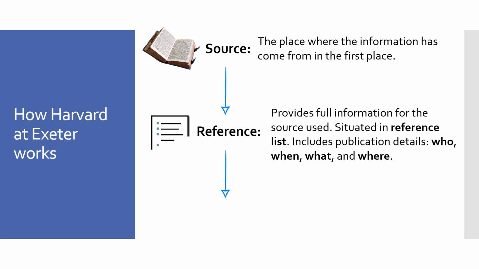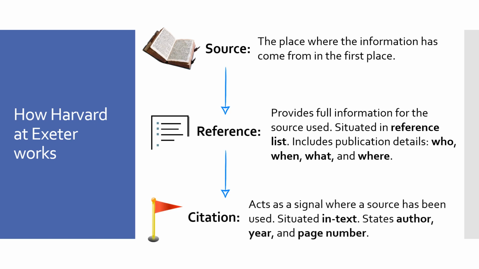This is situated in the reference list and includes publication details such as the who, the when, the what, and the where. We then have a citation, and the citation is what is placed in text and acts as a signal for where the source has been used.